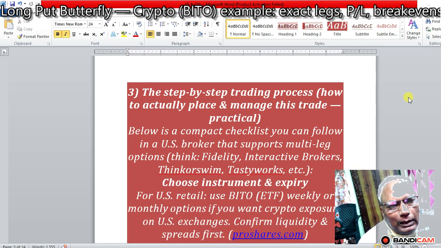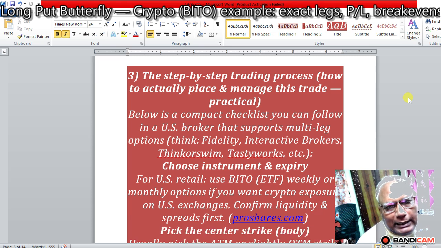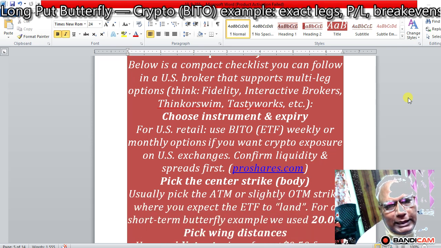3. The step-by-step trading process: how to actually place and manage this. Below is a compact checklist you can follow in a US broker that supports multi-leg options, such as Fidelity or Interactive Brokers. Choose the expiry.